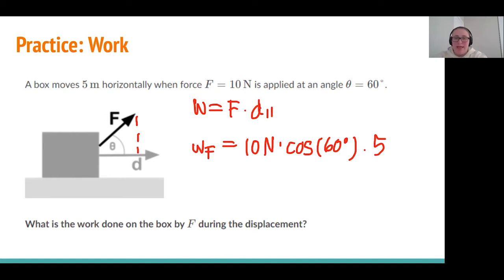So we can see they're going in the same direction, so positive work is being done. It's helping the movement, it's not working against it. So we can say that this is equal to 25 joules. So that is correct, you guys got it.